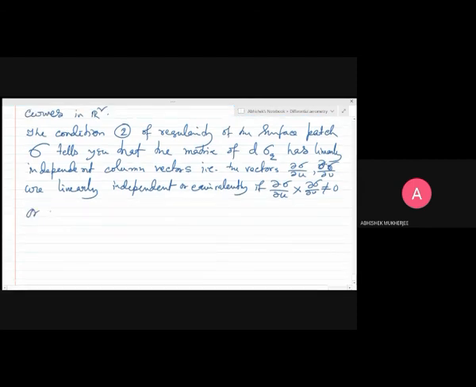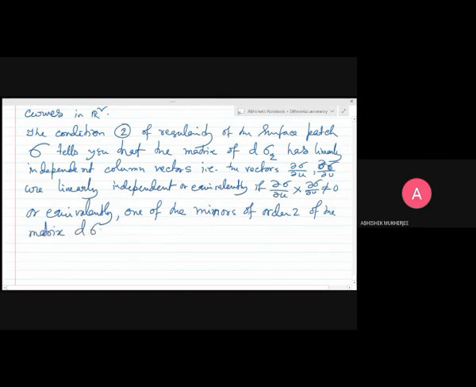Or equivalently, one of the minors of order 2 of the matrix d sigma q is different from 0 at the point q.